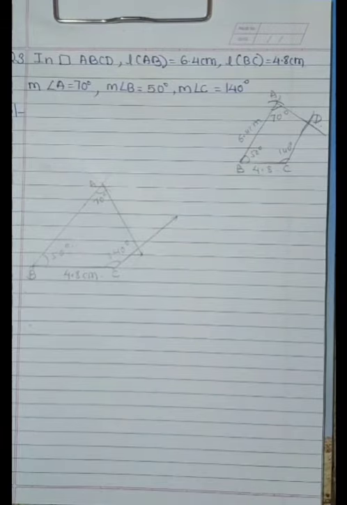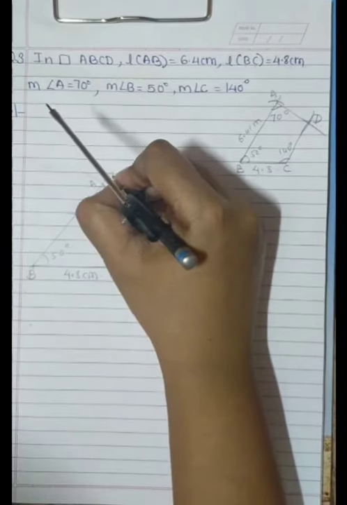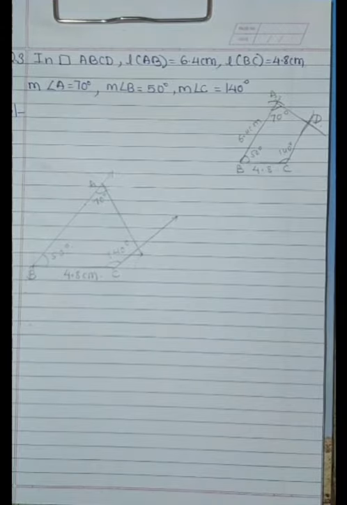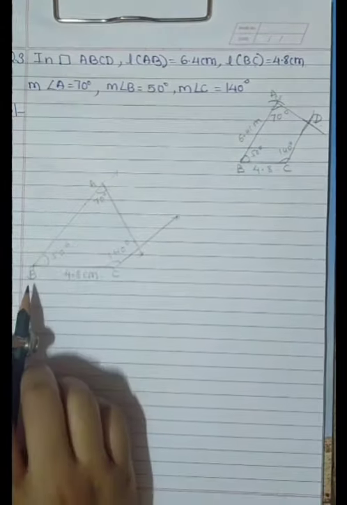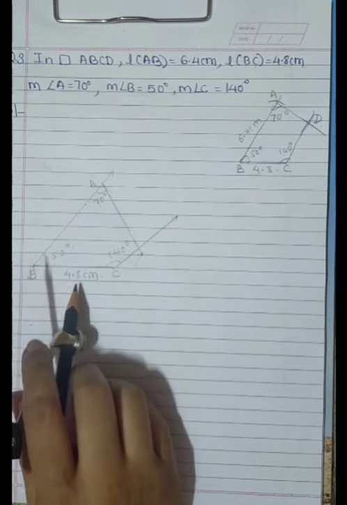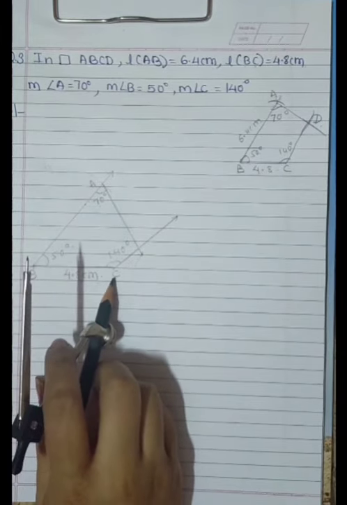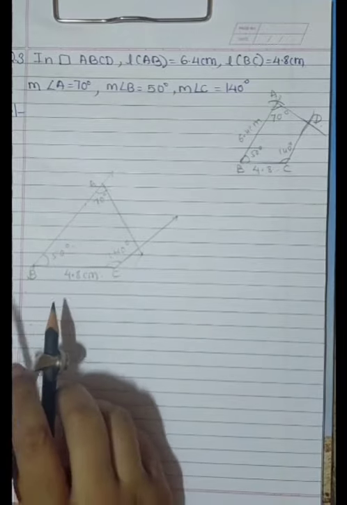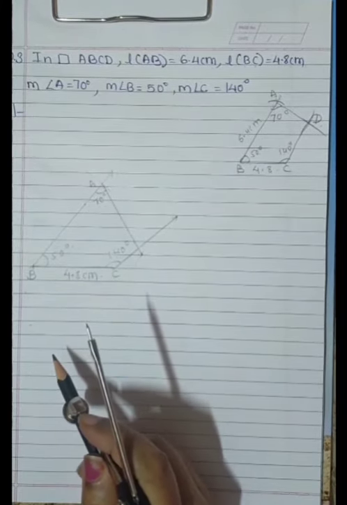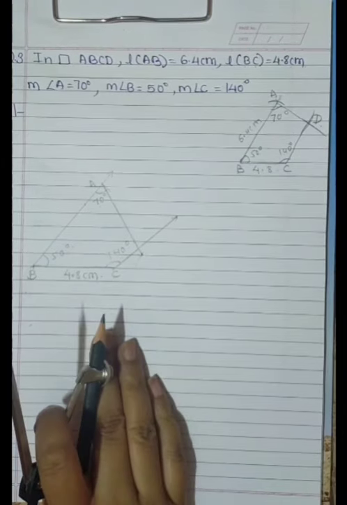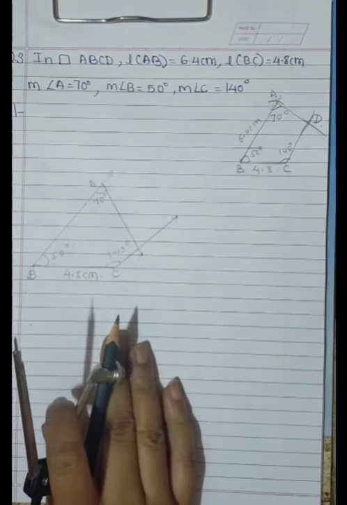I hope you understood. Measure angle A is 70 degree, measure angle B is 50 degree, and measure angle C is 140 degree. And this is our quadrilateral ABCD. We have done the construction.